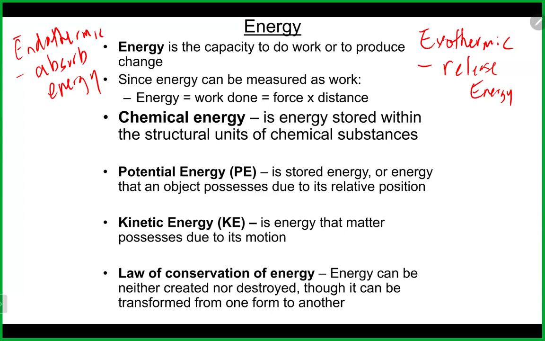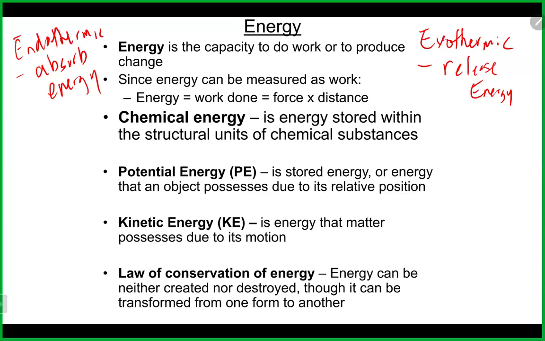We also have potential energy, which is stored energy due to the position of a particular object. A classic example is the giant boulder on top of the hill that's about ready to fall.